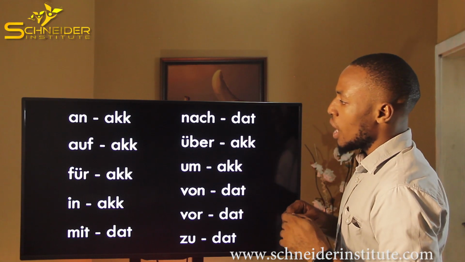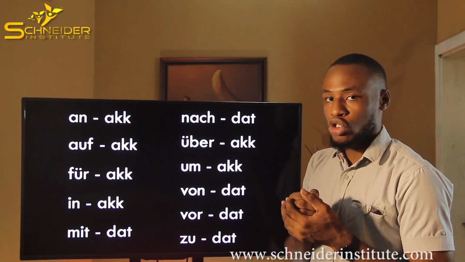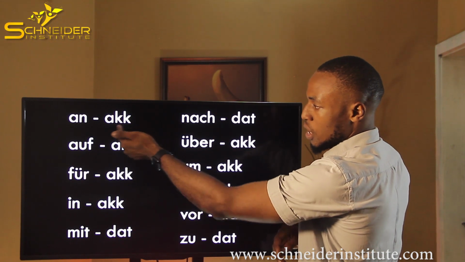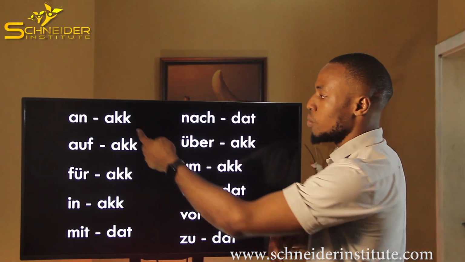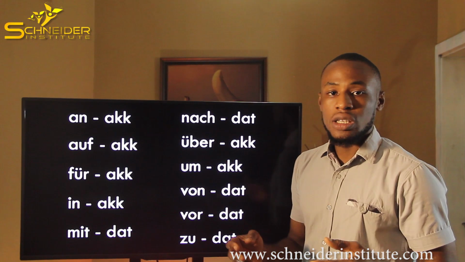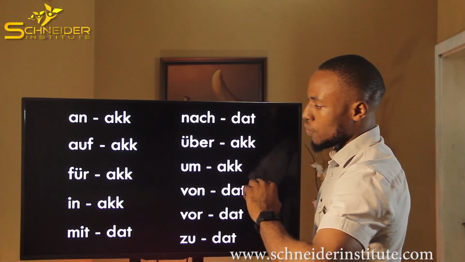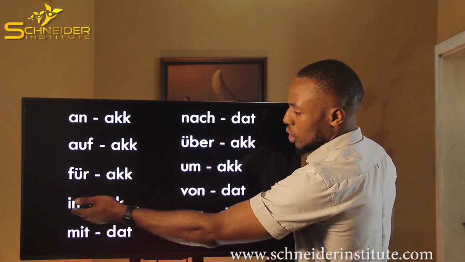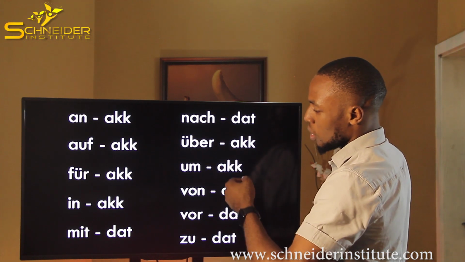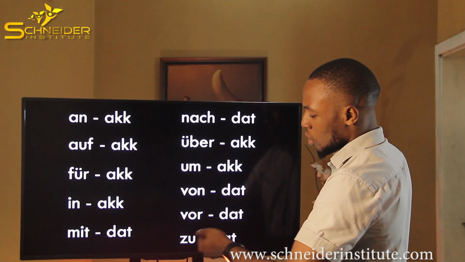So over here, I have a list of some prepositions in German that are fixed to certain verbs in German. And here we have an, auf, obviously accusative here. This AKK simply represents the accusative case, and the DAT here simply represents the dative case. So here we have an, auf, für, in, mit, nach, über, von, für, zu.